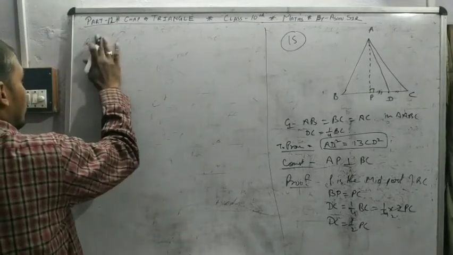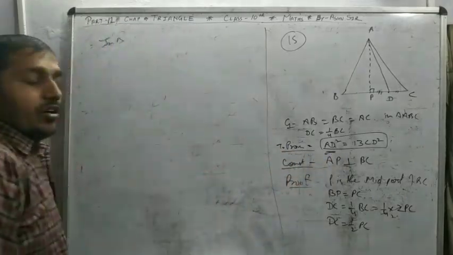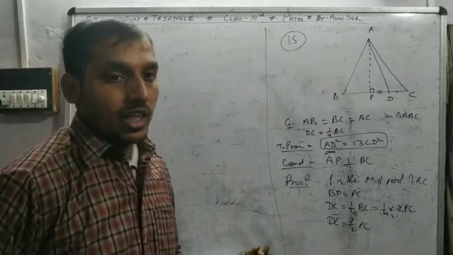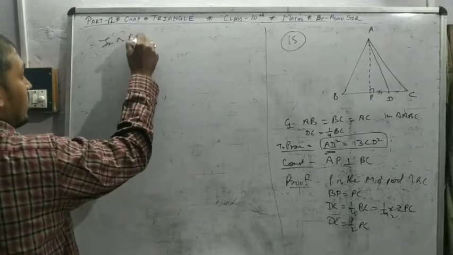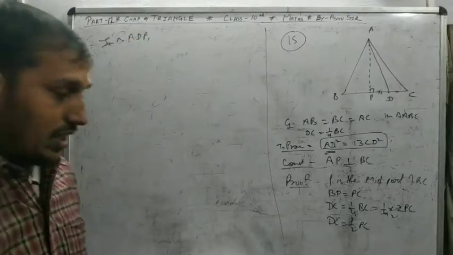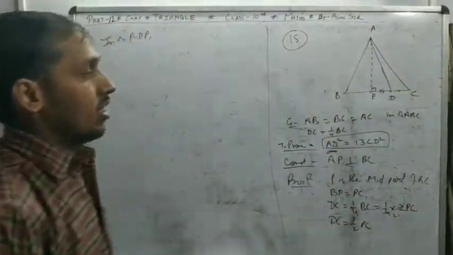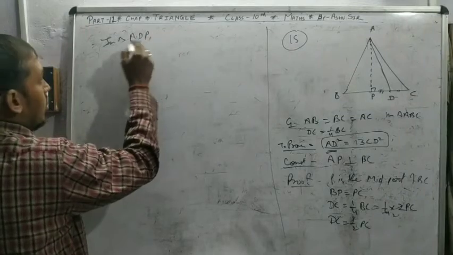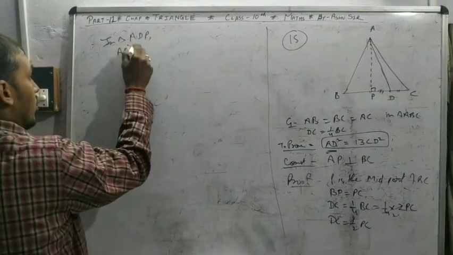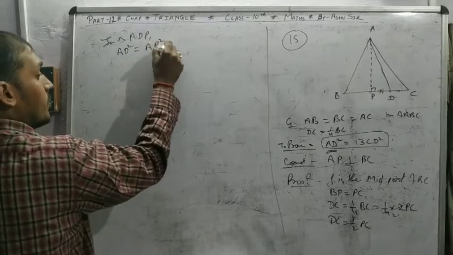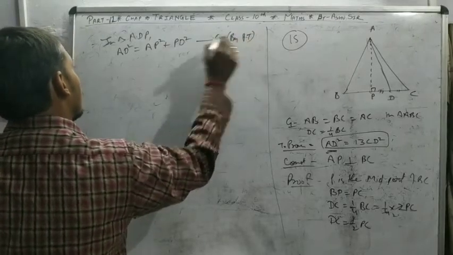Proof. For AD square, which triangle contains AD as a hypotenuse? So in triangle ADP, which is a right triangle, using the Pythagoras theorem, AD square is equal to AP square plus PD square, equation first by Pythagoras theorem.